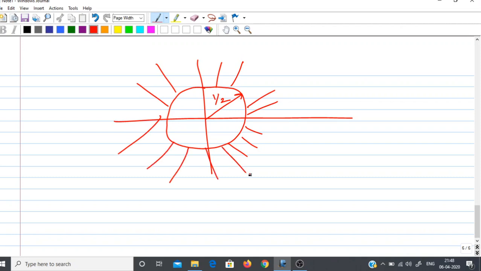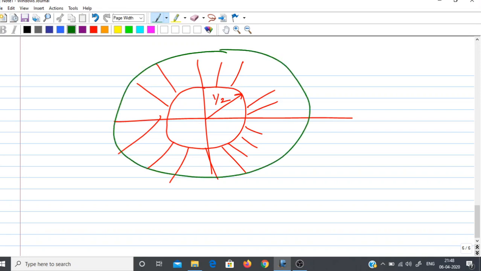For the second component, the ROC is mod Z less than 1 by alpha, and with alpha as half, it is mod Z less than 2. So I have to draw a circle of radius 2.